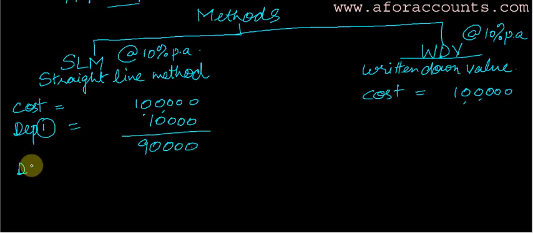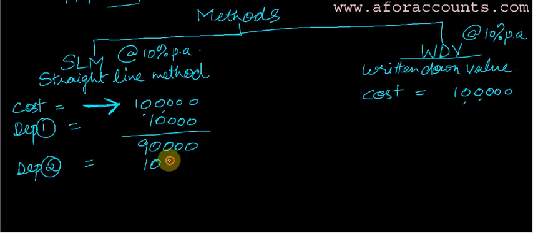Now depreciation for the second year will be 10% of your cost. In the straight line method, the rate of depreciation is applied on the cost. So it will be again 10% of the cost, that is 10% of 1 lakh, that will be 10,000.